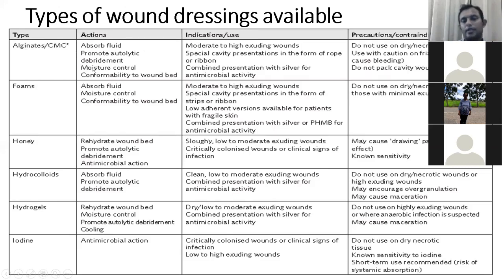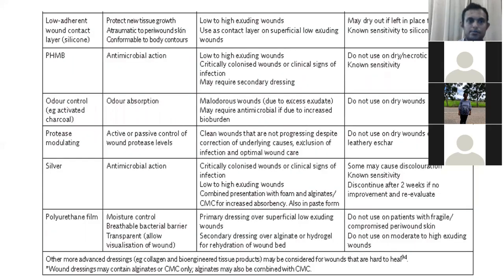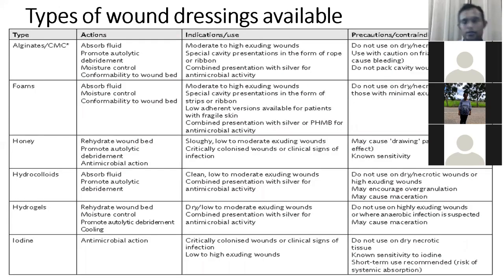When somebody comes and promotes a dressing to you, you look into this, what type of dressing it is. Say somebody brought you a packet of dressing and says, sir, madam, can you use this? This is a magic dressing. It will heal so many wounds, and it's like 3,000 rupees.